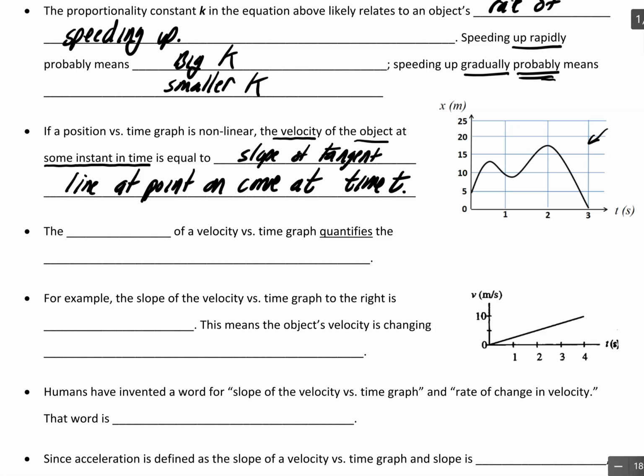Let's suppose that I'm interested in getting the velocity on this graph here, the velocity at something like just after 2 seconds, so right here. Well, I'm going to find my point on the curve.